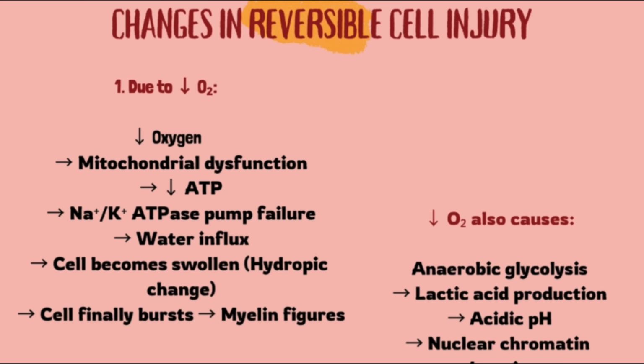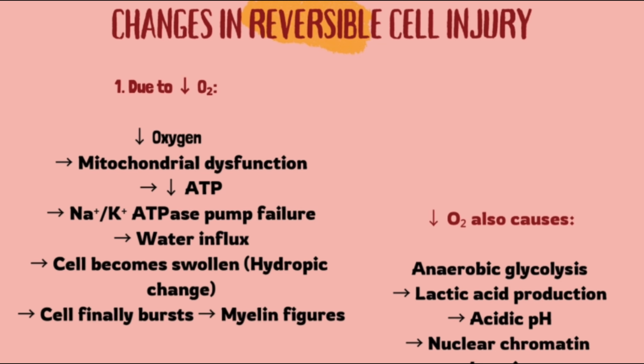If this continues, the cell gets bloated like a water balloon and may even start forming myelin figures, which are just bits of the cell membrane curling up like leftover trash. But wait, there's more. The lack of oxygen also pushes the cell into anaerobic glycolysis.